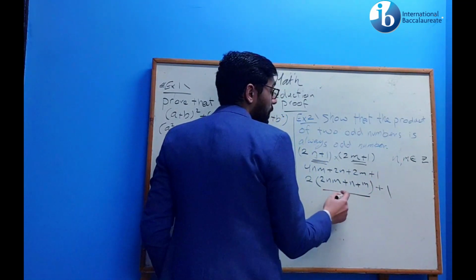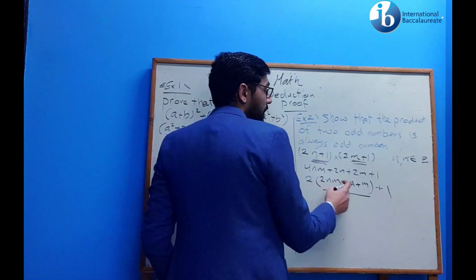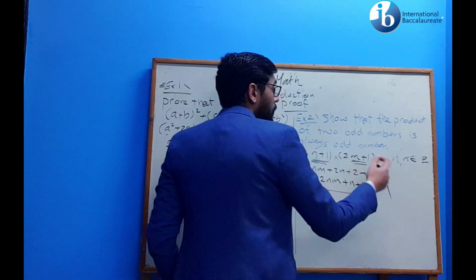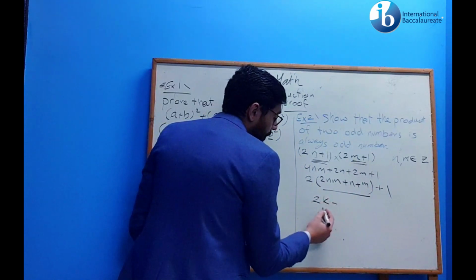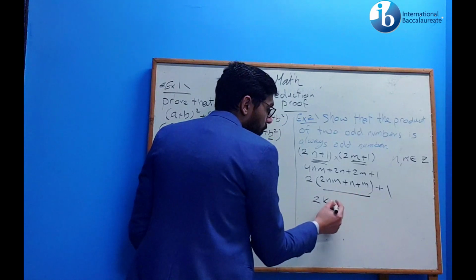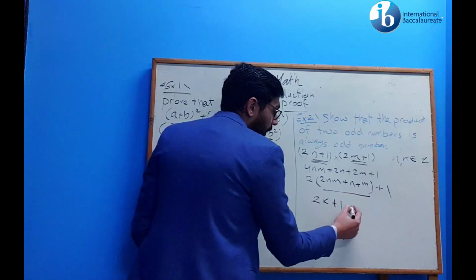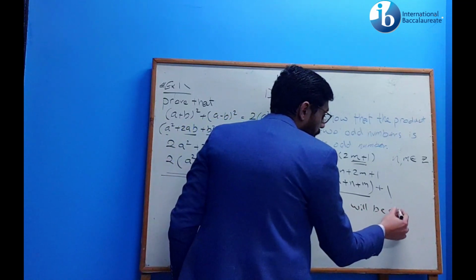Then the result belongs to the integer set, because 2nm plus n plus m could be any integer value such as k. Then 2k plus 1, because k represents this part, will be an odd number.